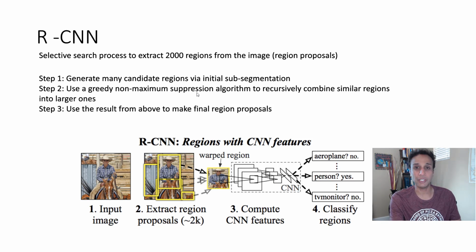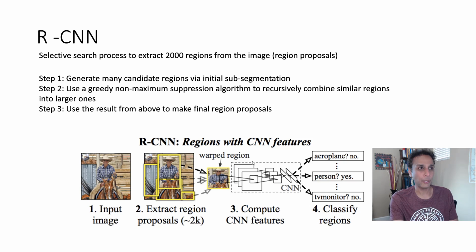Non-maximum suppression is a greedy algorithm, so it uses it to combine similar regions into larger ones. It proposes the larger one. Step 3 is to use the result from this process of greedy non-maximum suppression to make the final region proposals. Remember, this is not a fast algorithm. These are all slow algorithms, especially the greedy algorithms. They are slow, but it works.